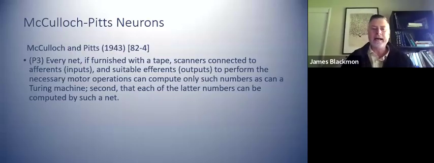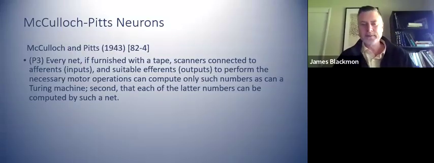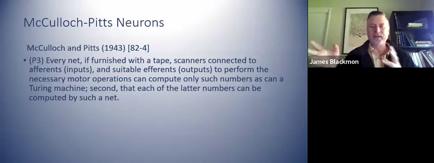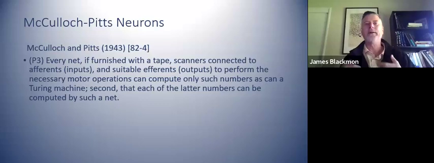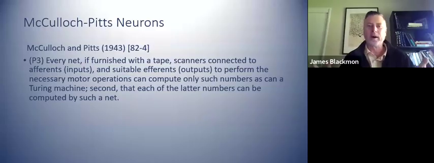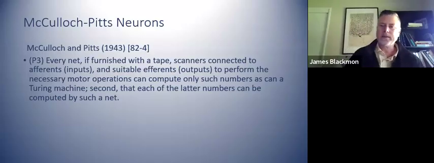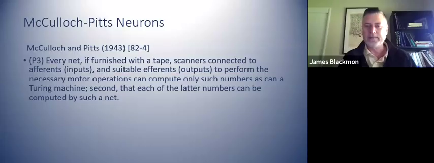So it says here that every net, if furnished with a tape and scanners and suitable afferents and efferents, where afferents is the input and efferents is the output, if they can perform the motor operations, so they can read things and send signals, they can compute only such numbers as a Turing machine can.